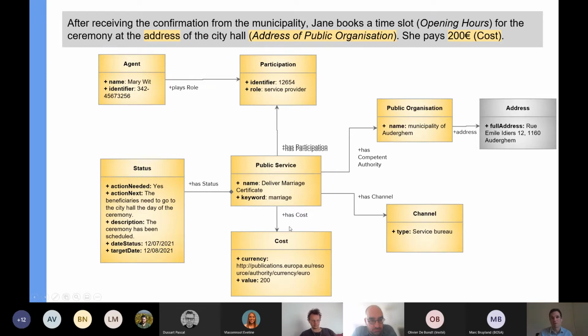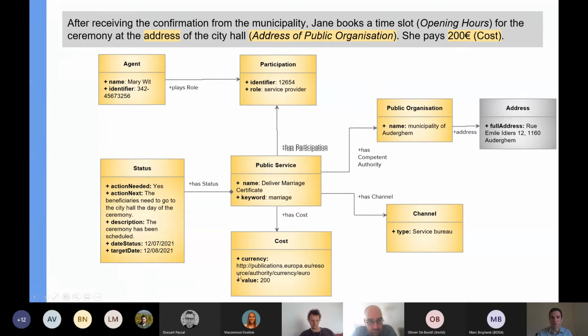A public service has a cost in a certain currency. Here we use an identifier coming from the Publications Office of the European Union to identify the euro currency. This is maintained directly by Europe, so we find it quite useful to directly reuse it.